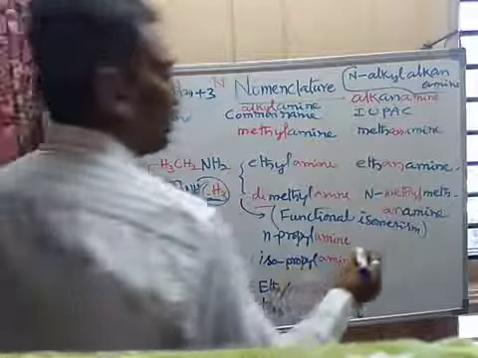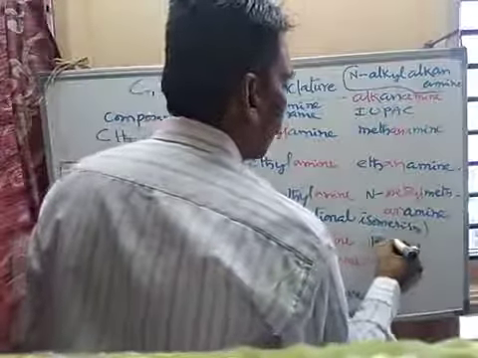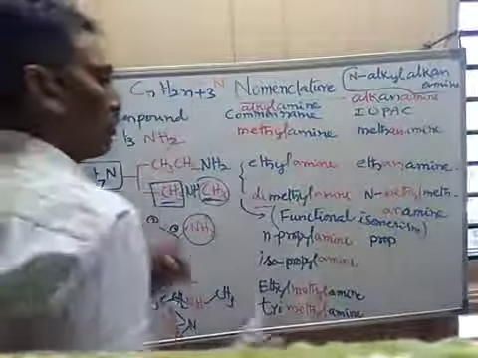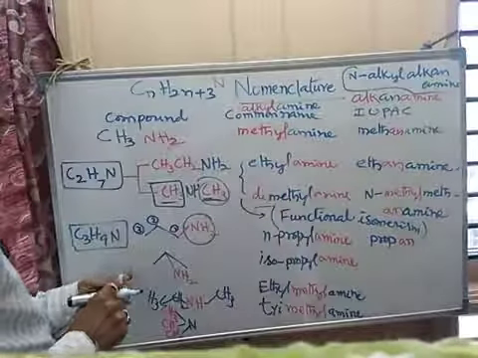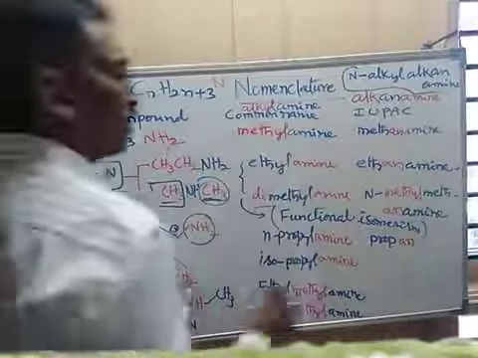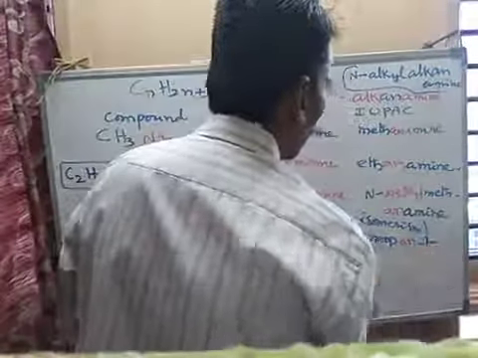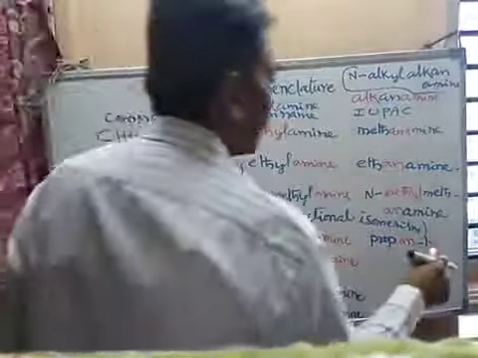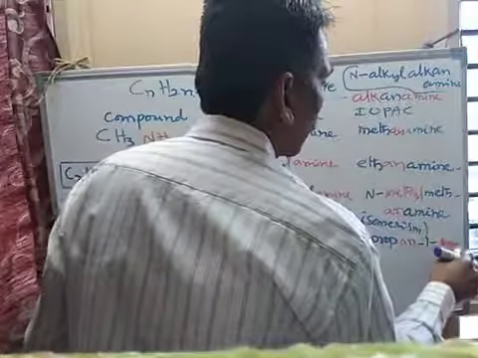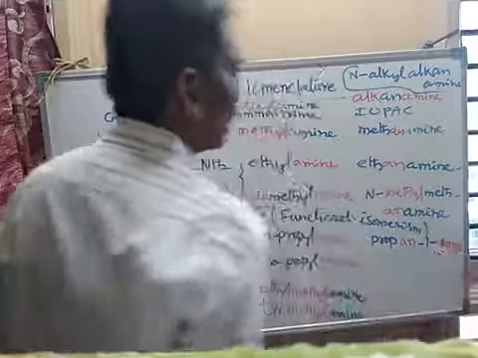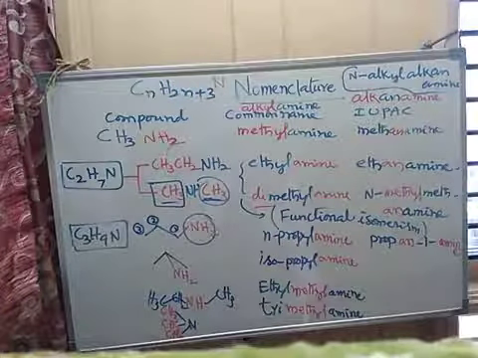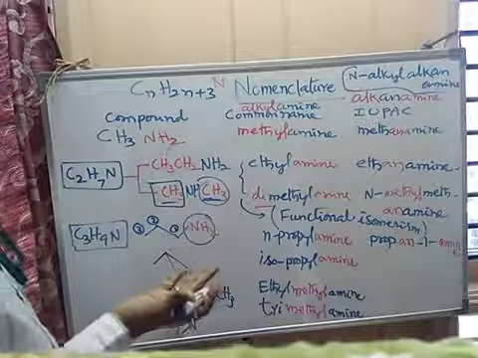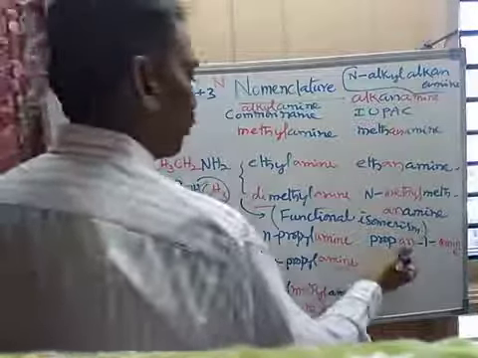Therefore, the number of carbon atoms is 3, single bonds are given by an: propane, and NH2 is located, that is the numerical locant, on the first carbon, and that is given by the secondary suffix amine. So the name is propane-1-amine, 1-propanamine. This is the way of giving IUPAC nomenclature.